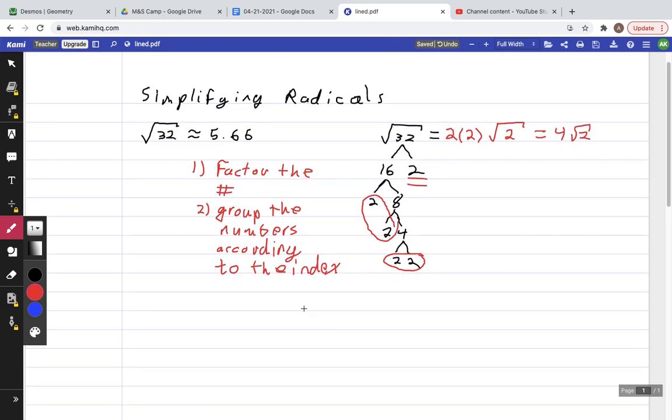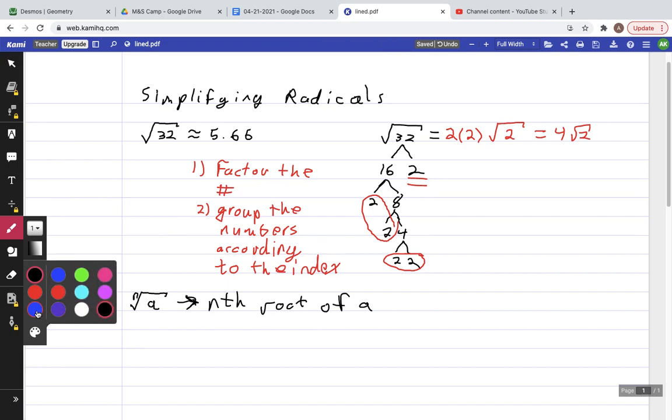Okay, so what do we mean by index? Well, a radical expression is essentially this. We're taking the nth root of a. Now, what this actually does, though, is it gives us an index.